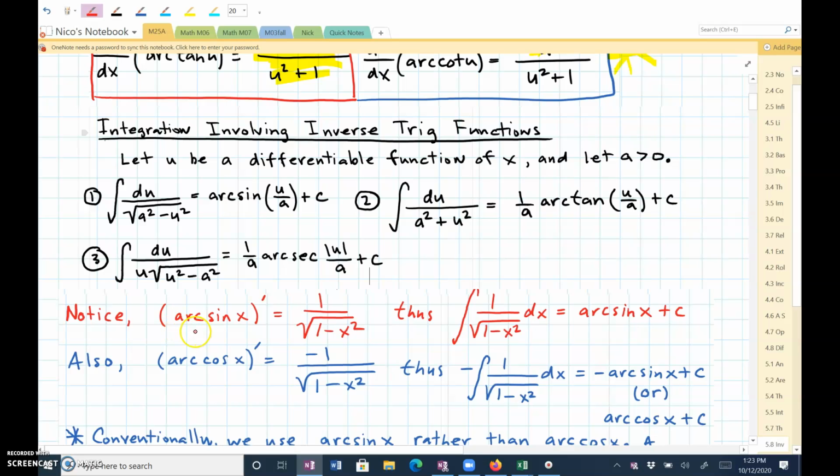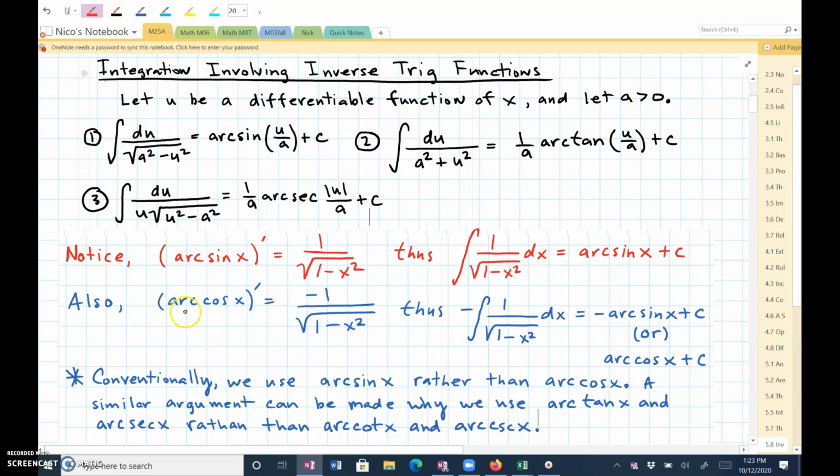Notice the derivative of arc sine of x is 1 over the square root of 1 minus x squared. Thus, the integral of 1 over the square root of 1 minus x squared dx is going to be equal to arc sine x plus c.